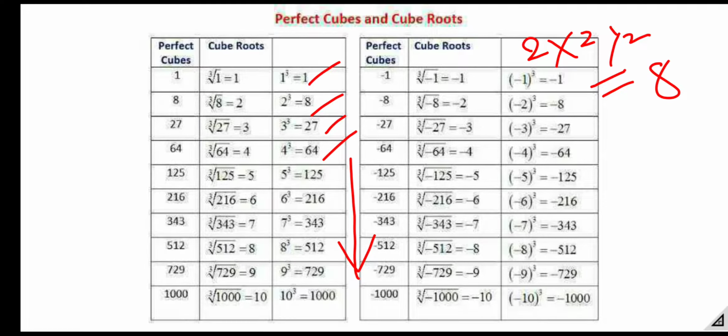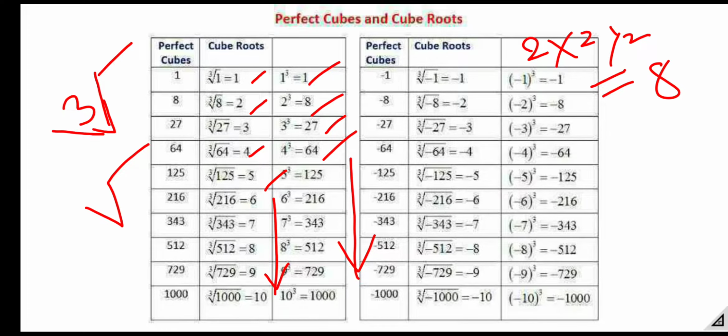Next cube root of 1 is 1, then cube root of 8 is 2, and the symbol used for cube root is this, and the symbol used for square root is this. Now cube root of 64 is 4 and cube root of 125 is 5 and so on. You can learn cube roots of various numbers.